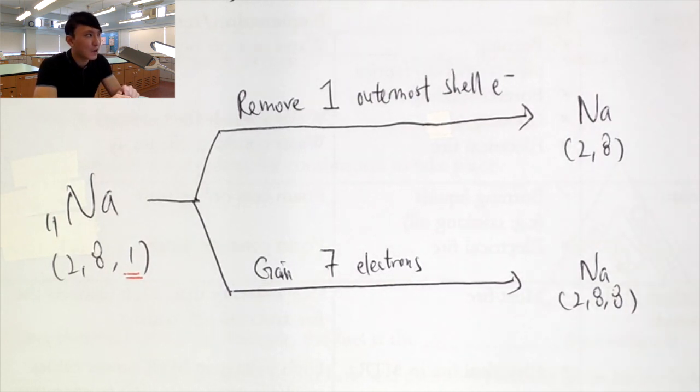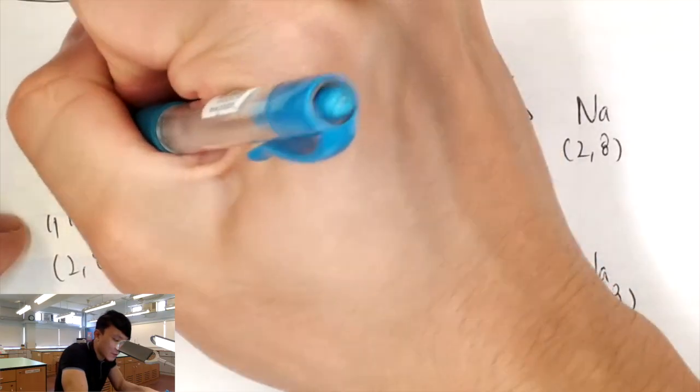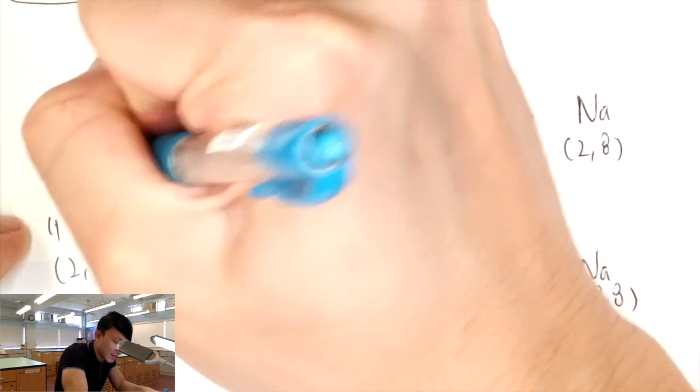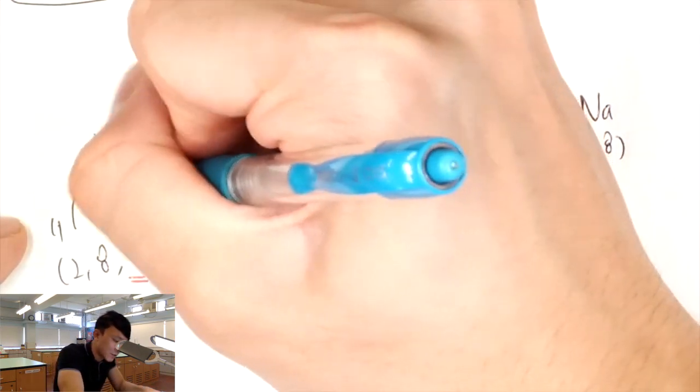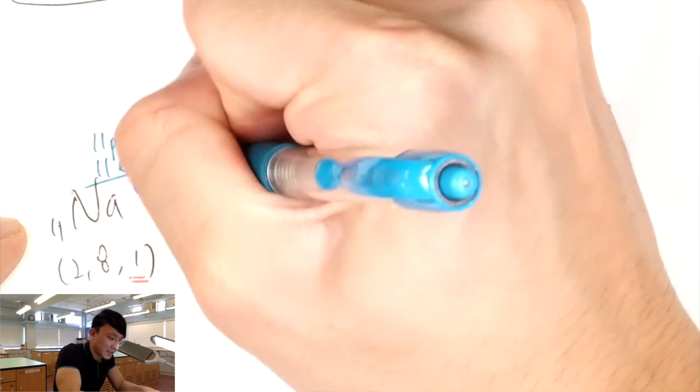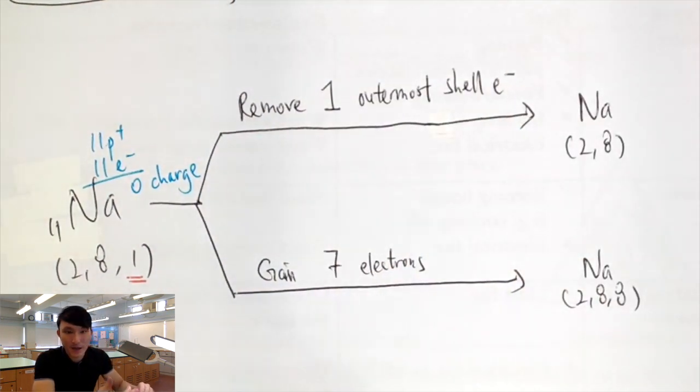Okay? Now, let's think about their subatomic particles. So, for example, if you go back to sodium here, you know that for sodium, it has 11 protons and 11 electrons. So, altogether, it has 0 charge, isn't it? Because it is balanced.